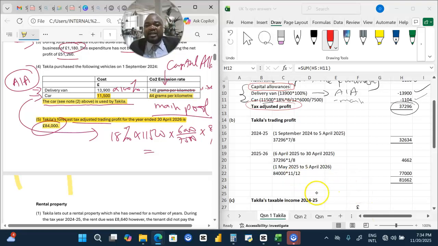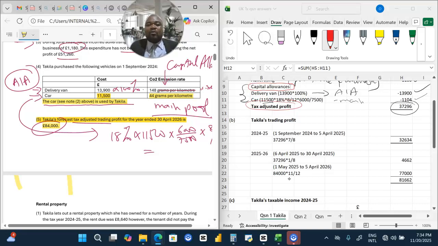So that's why we are multiplying the 11 months. Why 11 months? Because the month of April was belonging to the 8 months of the prior period, right?